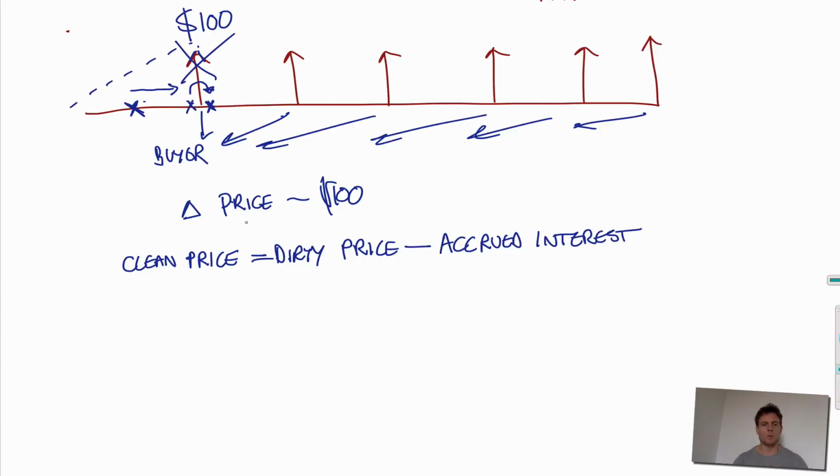Now, by doing this, we have a price, and the clean price is sometimes referred to as the quoted price. This is often the price that you'll see quoted.